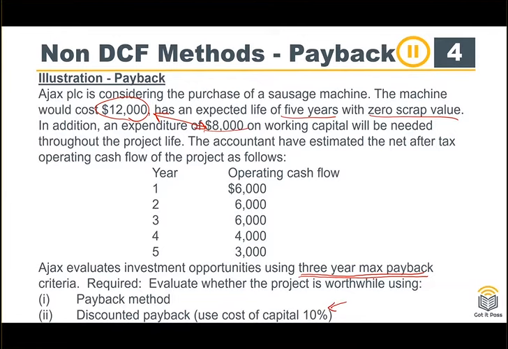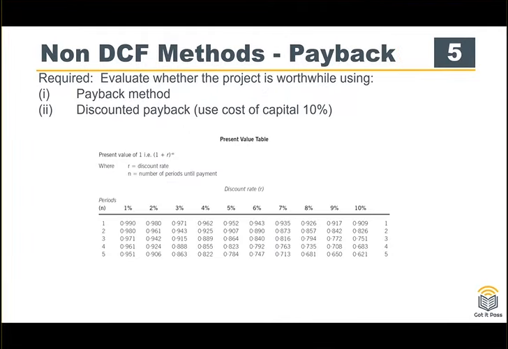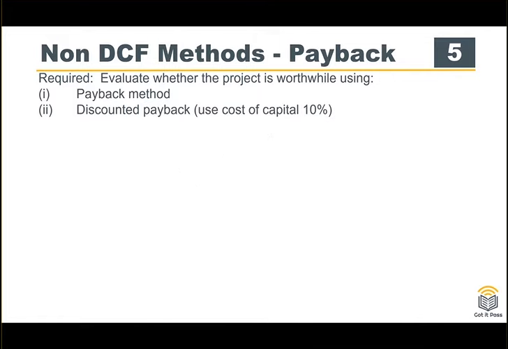So first of all, we come to the first question, the payback method. We will use the discount chart later, but the first question is about the payback method without any discounting. So let's see. As said, the initial cost includes 2 parts. The first part is the machine cost, which is 12,000.